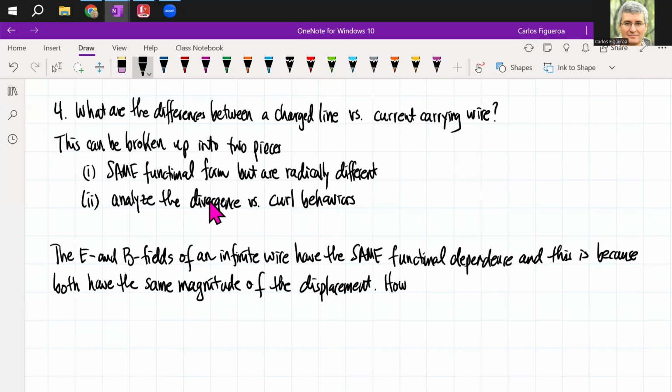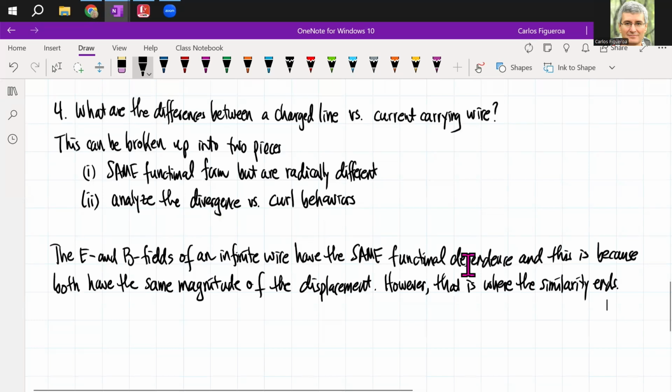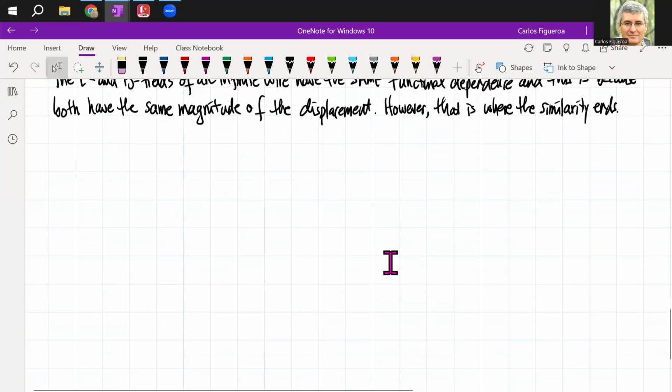However, that is where the similarity ends. So let's look at these.